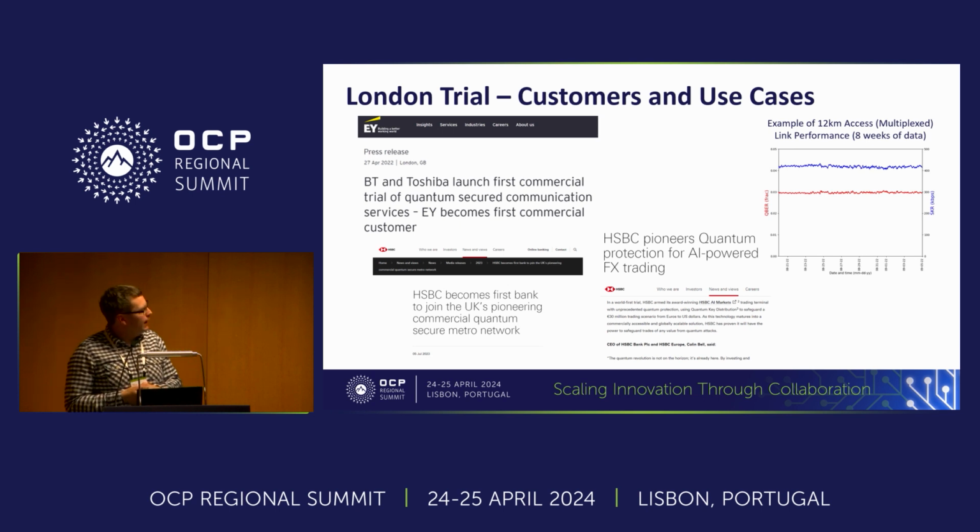Similarly, on the right-hand side, you can see a graph showing the secure key rate, which is in blue, over one of our 12-kilometer access links in the network. Again, this is where classical and quantum channels coexist. This is showing at least 400 kilobits per second of key material being delivered across 8 weeks, and a corresponding very stable quantum bit error rate, which is shown in red.